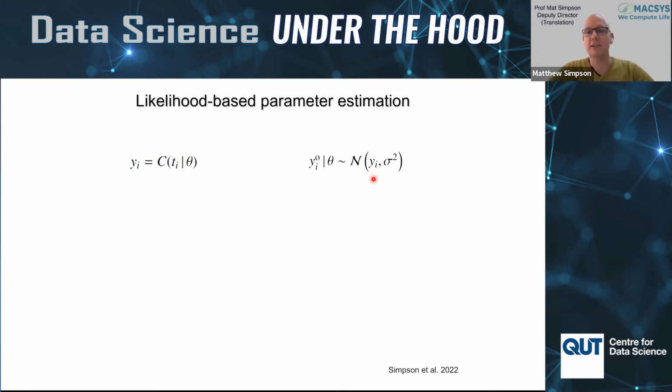Since I've got a very simple noise model here, I'm going to assume a constant variance. All of the work I'm going to talk about today involves a Gaussian or normal noise model, but everything I'm showing you can be repeated with different noise models. So if you prefer a binomial or a negative binomial model, you can repeat all of the analysis that I'm about to show you today.